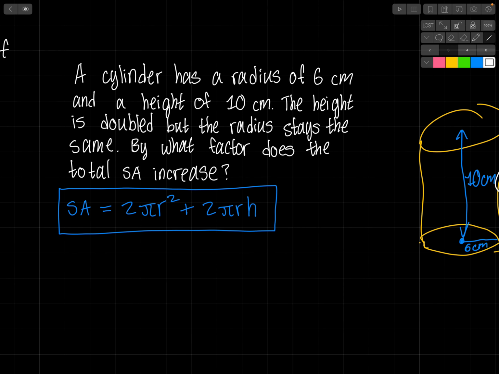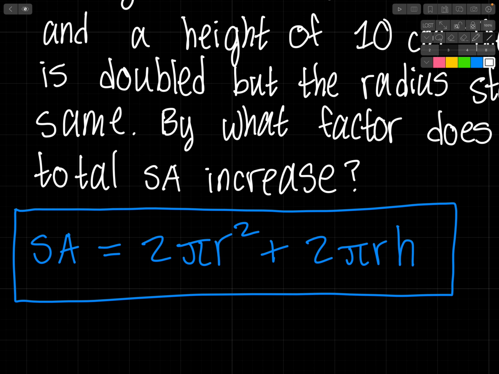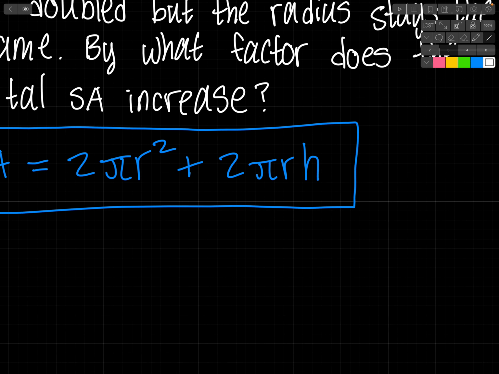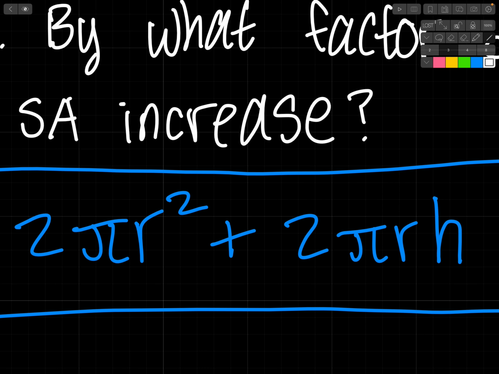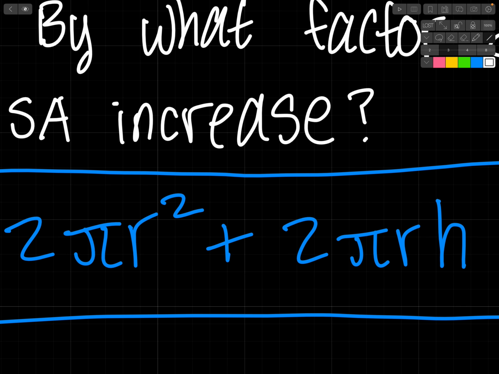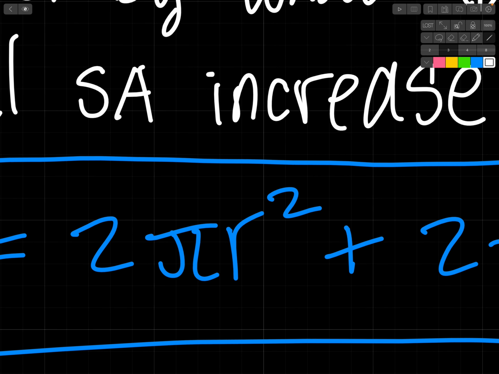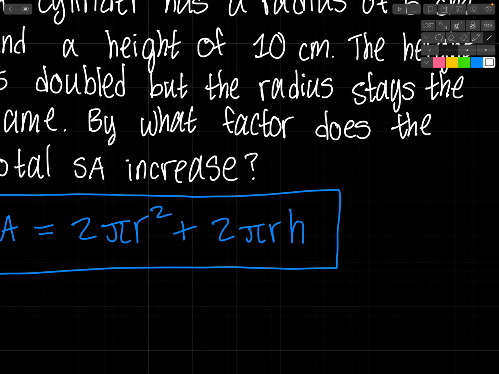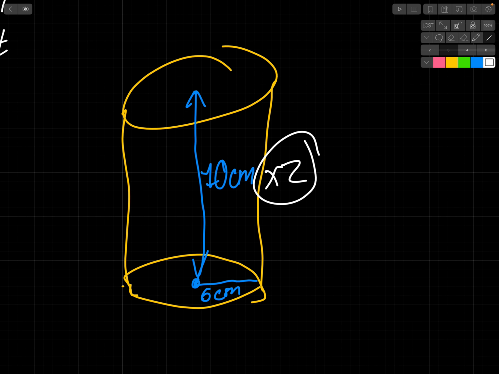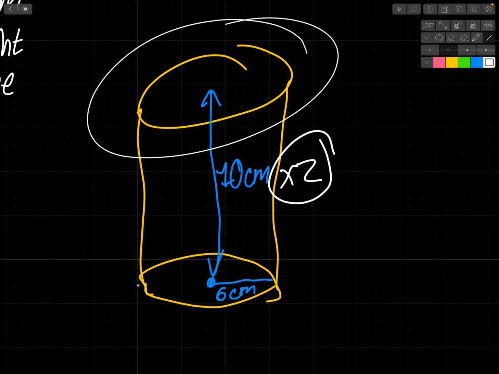So we have the surface area formula of a cylinder, and as you can see, the 2 pi r squared is essentially, so the area of a circle is pi r squared. So then 2 pi r squared means 2 circles. And where are the 2 circles in a cylinder? Over here and over here.